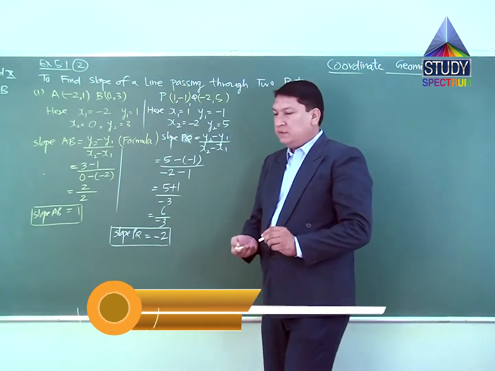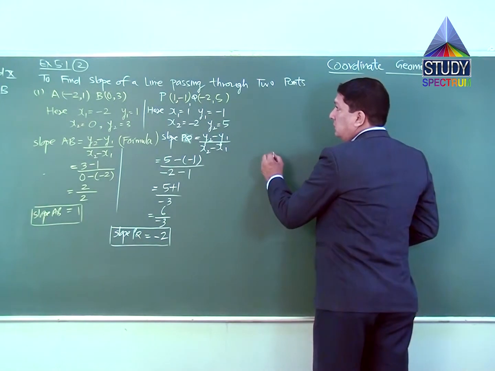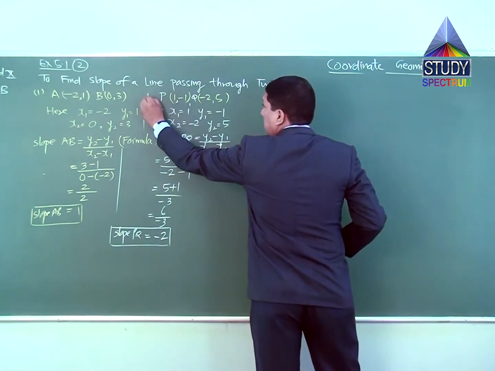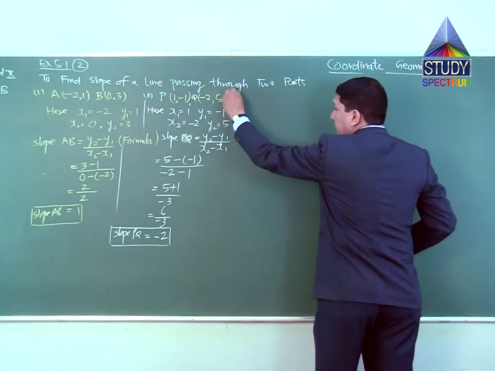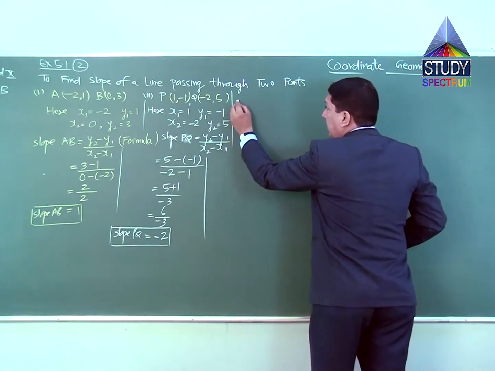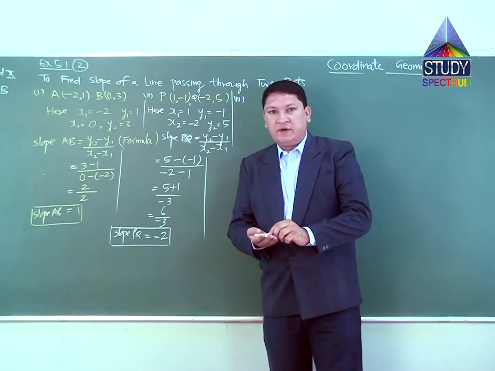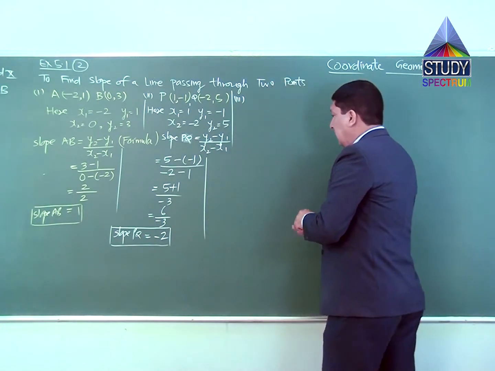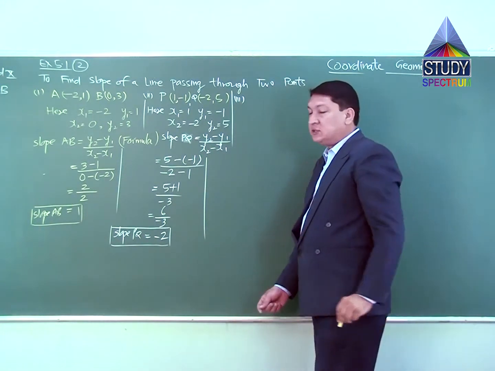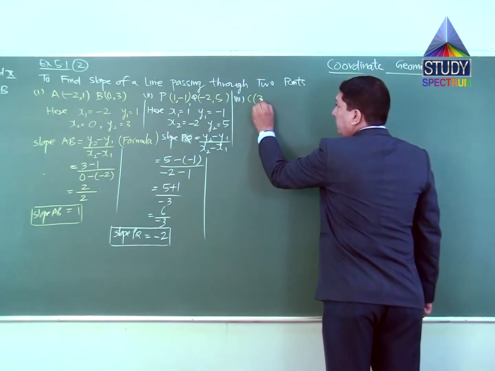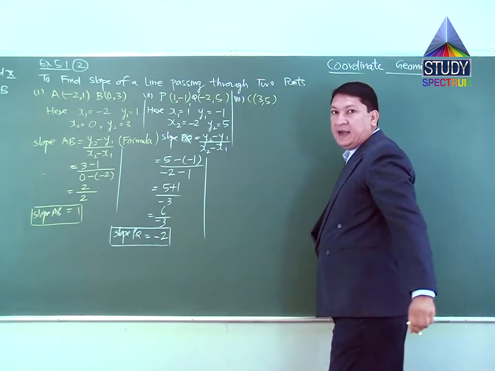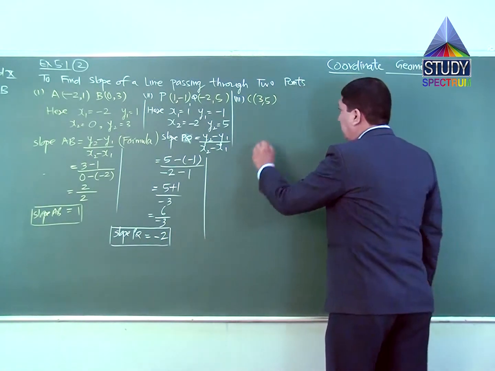Now we'll take two more sums. This is your third sum, the third sub part of the second. This time the values given to us are C is 3, 5 and the value of D is minus 2, minus 3.